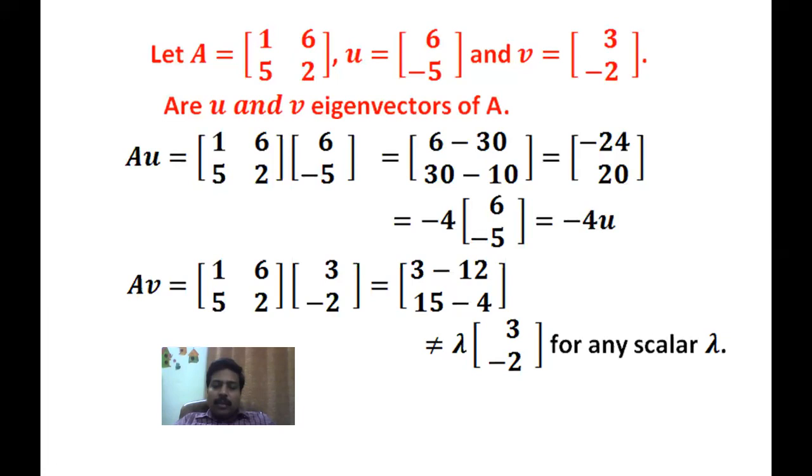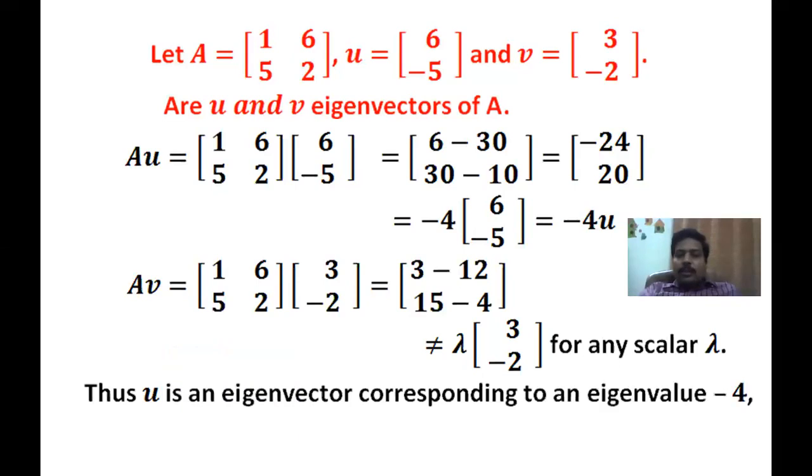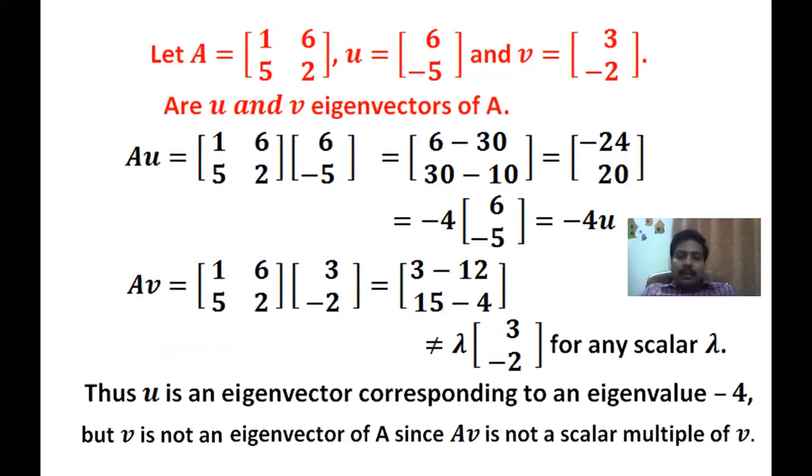That is not equal to lambda times (3, -2) for any scalar lambda. Thus U is an eigenvector corresponding to the eigenvalue minus 4, and V is not an eigenvector of A, since AV is not a scalar multiple of V.